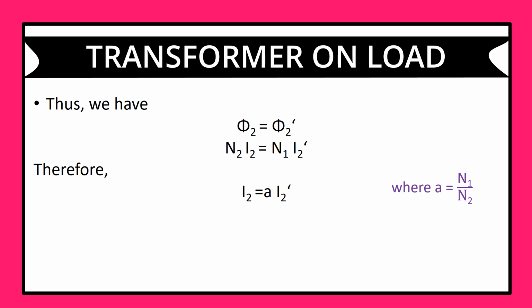Thus, we have phi sub 2 is equal to phi sub 2 prime, and phi sub 2 is equal to N sub 2 times I sub 2, and phi sub 2 prime is equal to N sub 1 I sub 2 prime, and let us equate them together. Therefore, we have I sub 2 is equal to A I sub 2 prime, where A is equal to N sub 1 all over N sub 2.